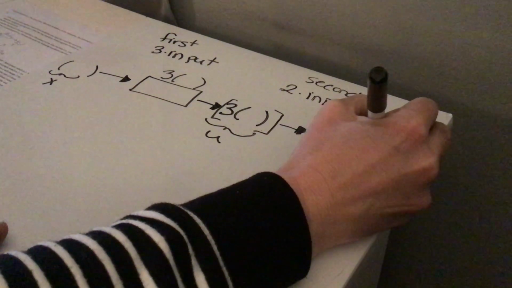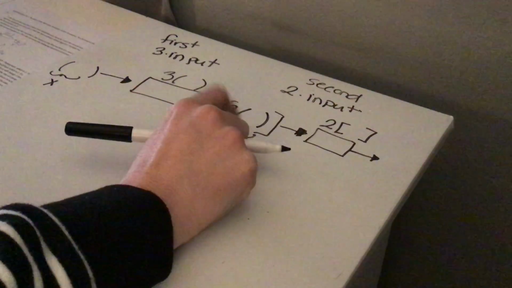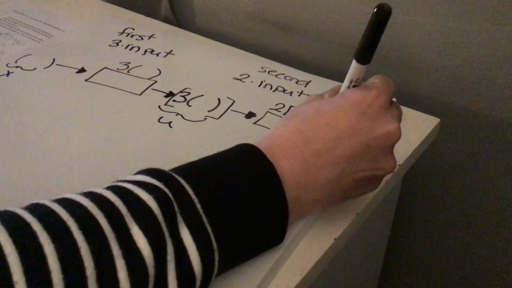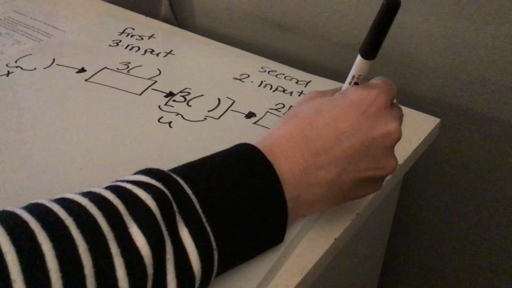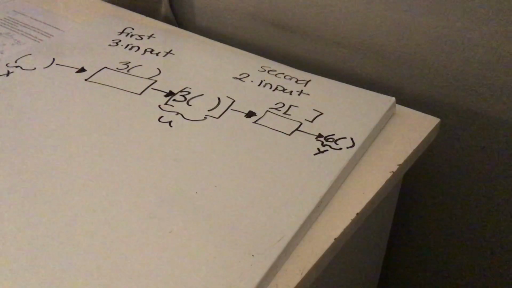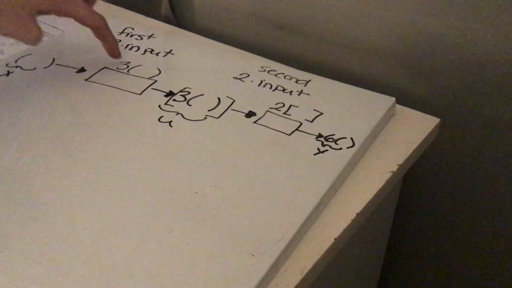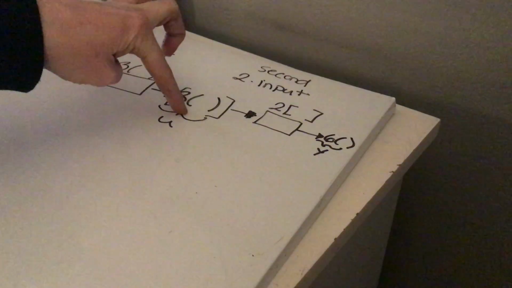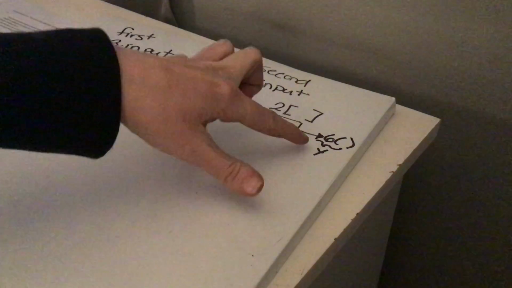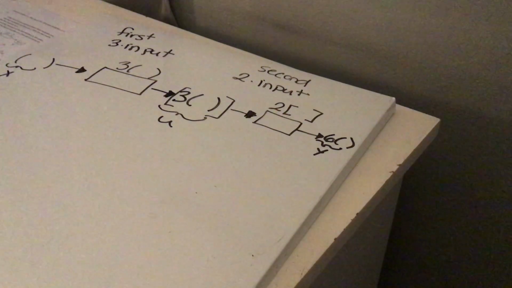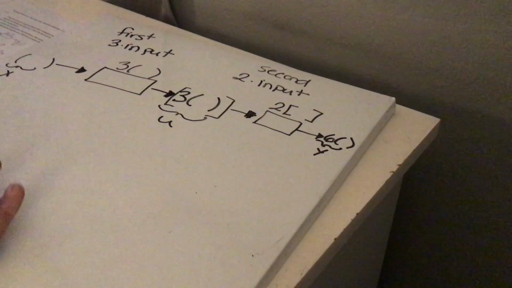Then I get 2 times this input, which ends up being 6 times my original input value, right? Because I took my input multiplied by 3, then I took that and multiplied it by 2, and I got 6 times the original value.